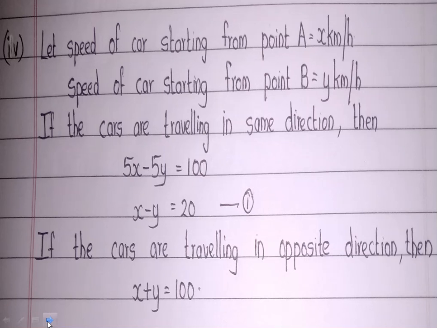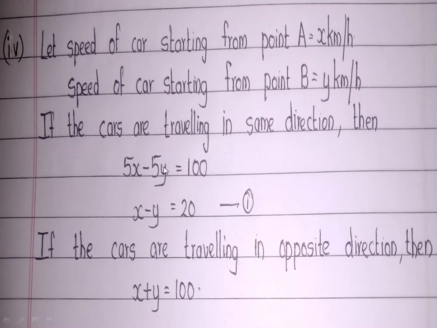In physics, you would have learned if the cars are traveling in same direction, then 5x minus 5y equal to 100. Where is this 5 coming from? Have you ever thought of that? 5 is the time there. They meet in 5 hours. That is, time into speed is distance.